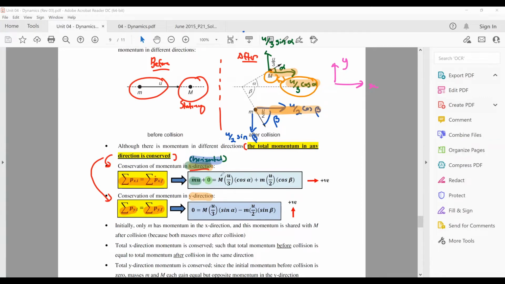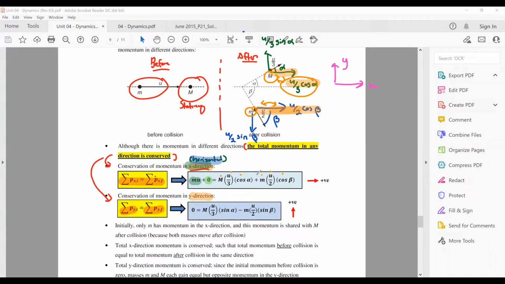It will be M times u over 3 cos alpha. And then for the small m, I take the product of the mass multiplied by the velocity in the x direction. It will be m times u over 2 cos beta. This one here is the total momentum in the x direction.